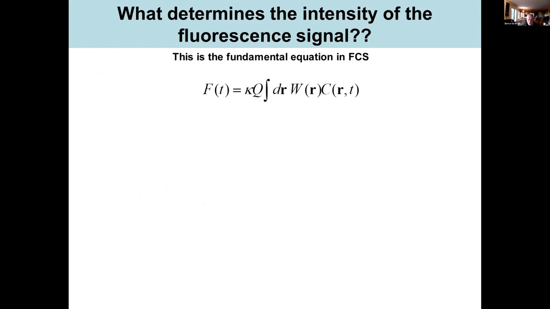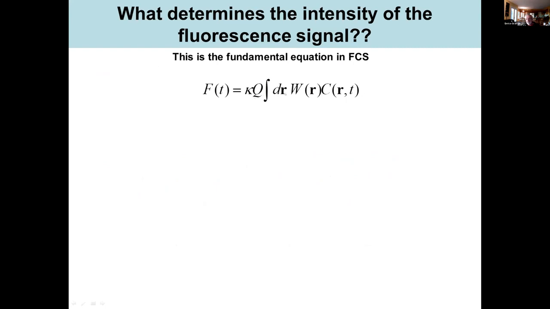So what is the fundamental equation of FCS? Well, the fundamental equation in FCS is how the fluorescence changes as a function of time. The fluorescence change depends essentially on illumination, if you illuminate the molecules or not, if you have good filters or not, on the quantum yield of the molecule, and then on this integral.